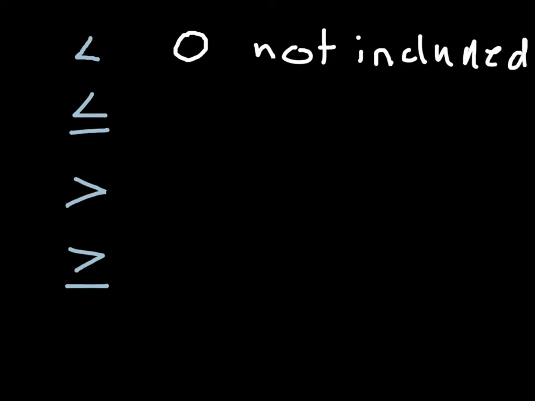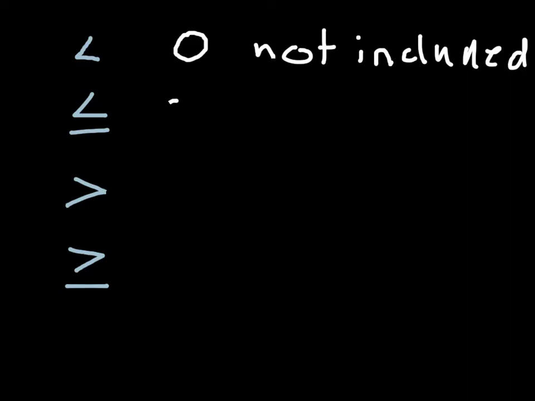Right now this isn't going to make a lot of sense, but it will when we go through some examples. An open circle means the number it is above is not included in the solution.